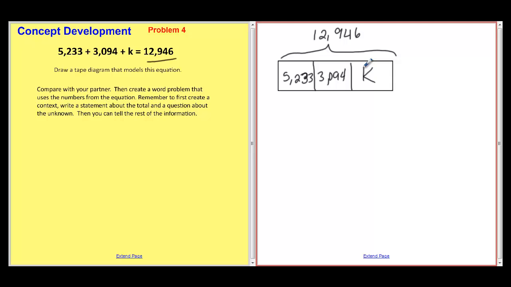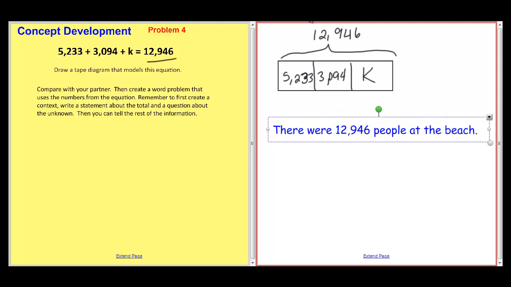I'm thinking about something that would be fun for me to write about. So let's just say we just had fall break and a lot of people went to the beach. So let's use that as our context. Let's talk about people at the beach. There were 12,946 people at the beach.